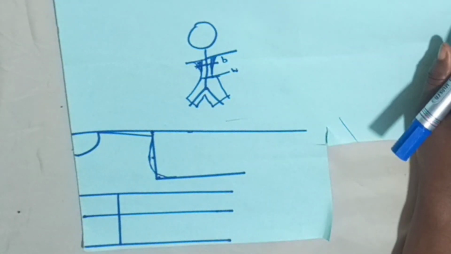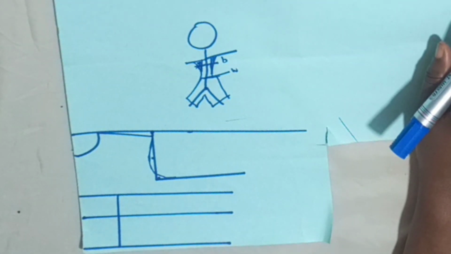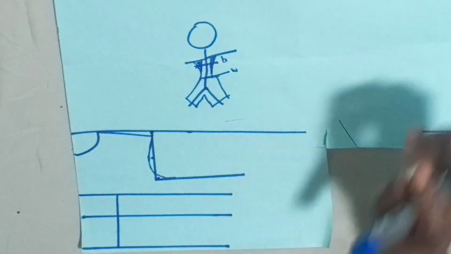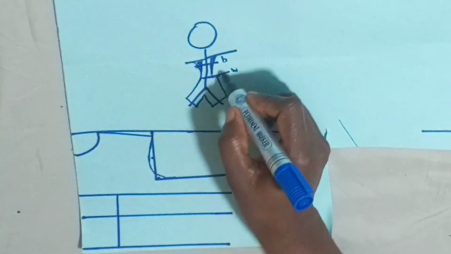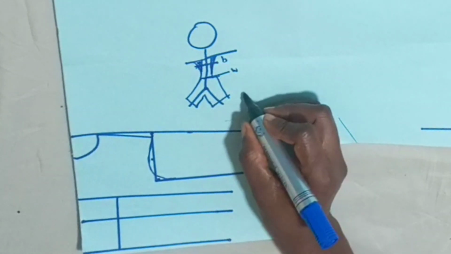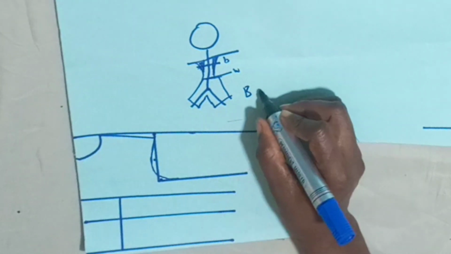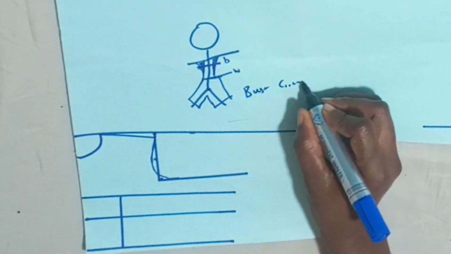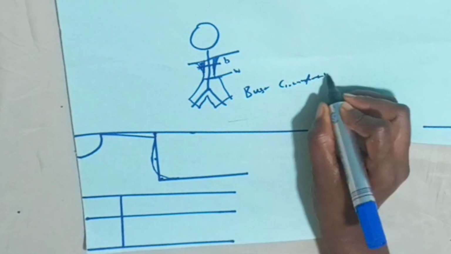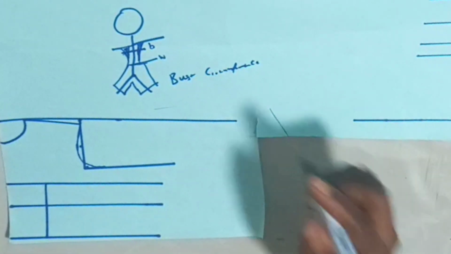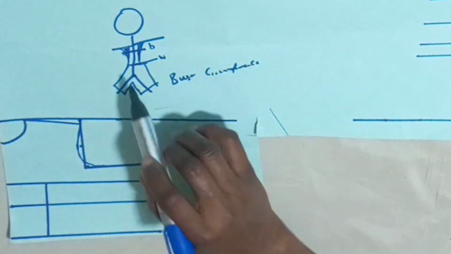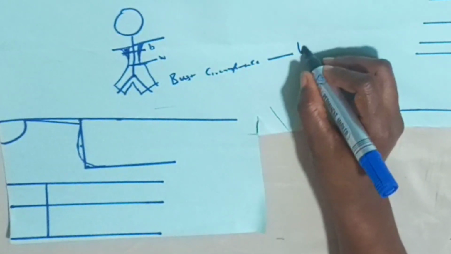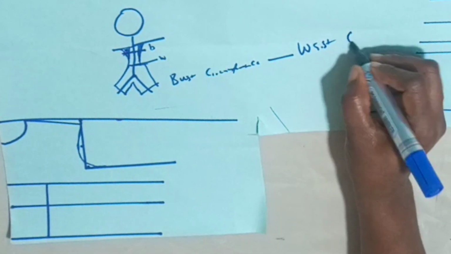Now, for us to know the correct dart intake for this particular client of mine, it is round bust circumference minus waist circumference.